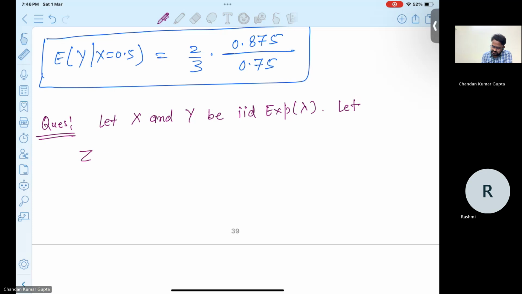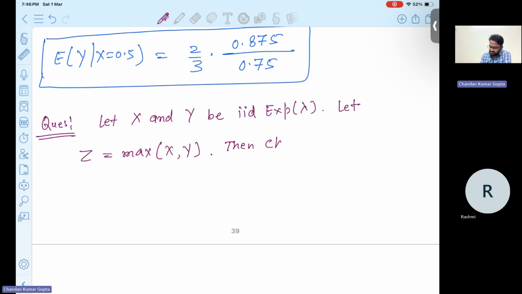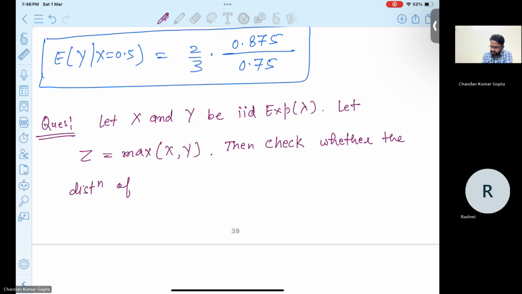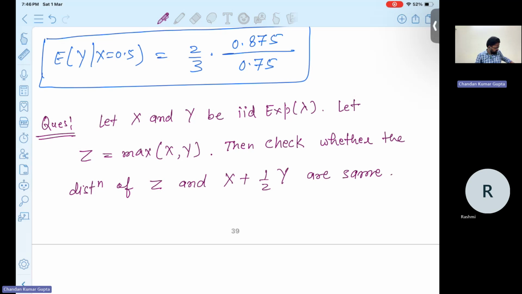Let Z equal the maximum of x and y. Then check whether the distribution of Z and x plus half of y are the same or not. Just give it a try.